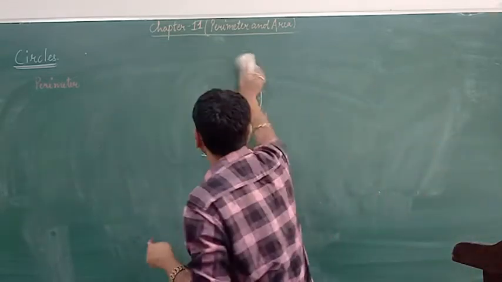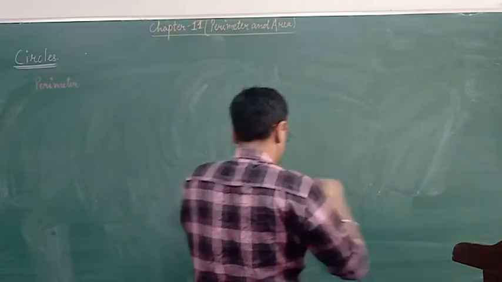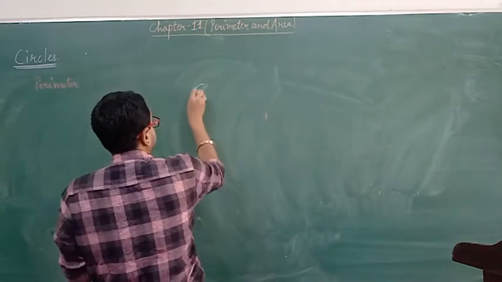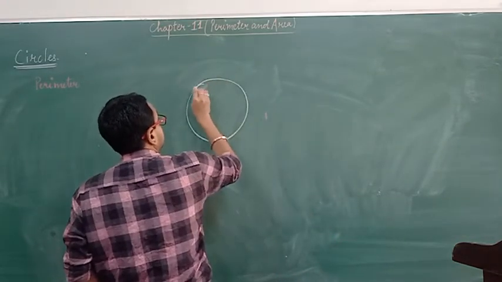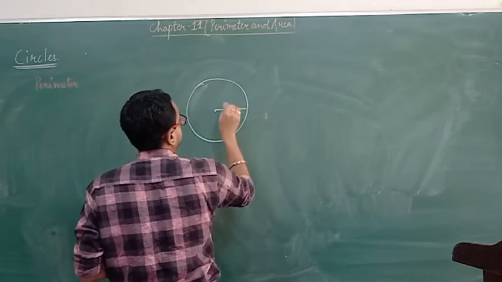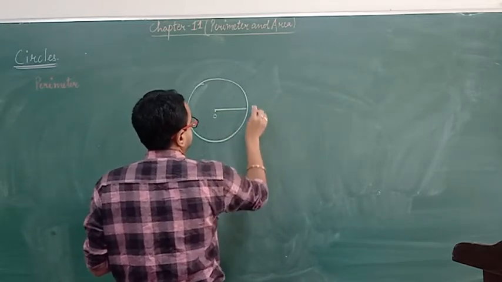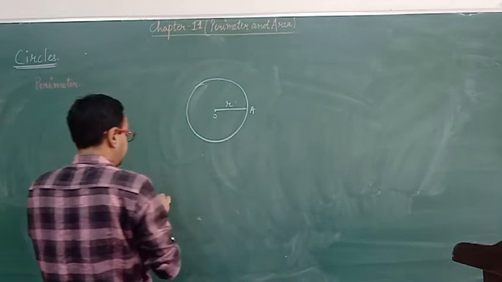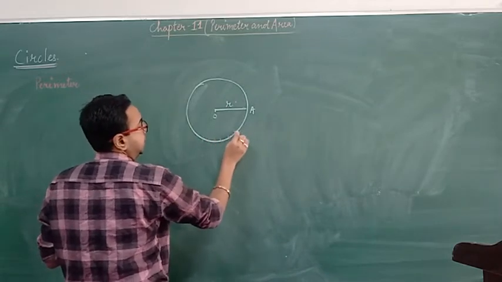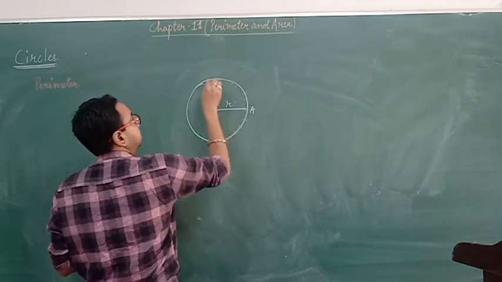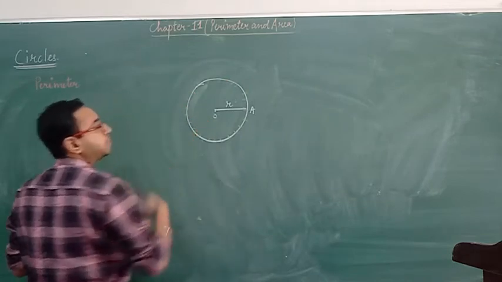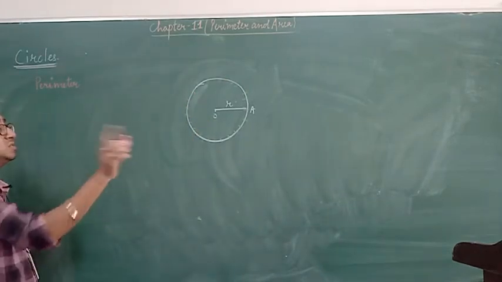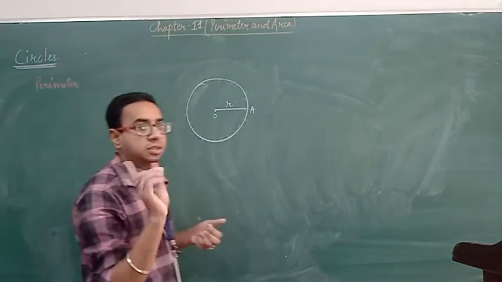Let me draw the proper circle once, please. This is R, and we'll be moving along this path. There should be a straight path, but the path is not straight, right?